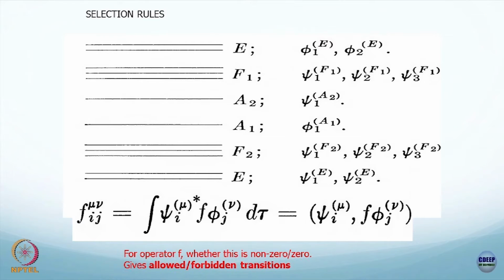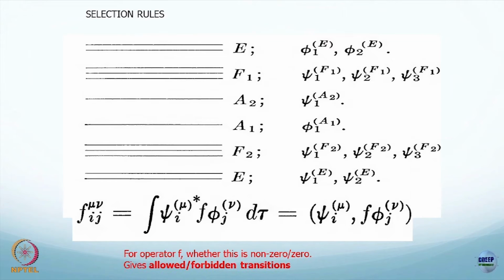I am just trying to say a hypothetical situation where you have the energy levels and you want to look at this matrix element: the left hand side, due to the initial state phi j in an irrep nu, due to the operator f going to a final state psi j in the irrep mu. And this matrix element, is it 0 or non-zero?